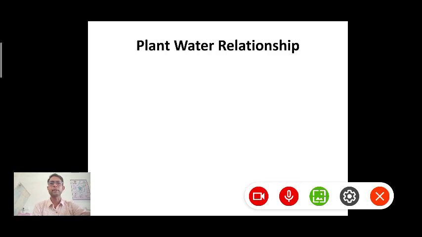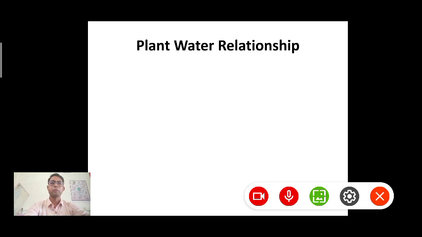Now, plant water relation. As we know that water is the most essential requirement for the growth of plants. Not only for the plants, we can say for the different organisms, water is the important factor, and that's why water is known as the universal solvent, which has the high capacity to dissolve different solutes.